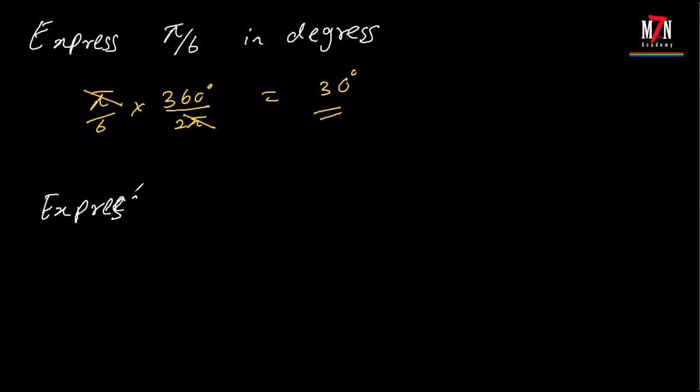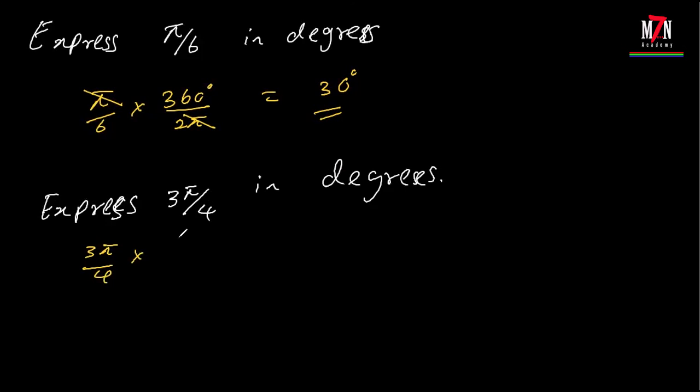Next one, in degrees. Here you should multiply 3 pi over 4 by 360 over 2 pi.